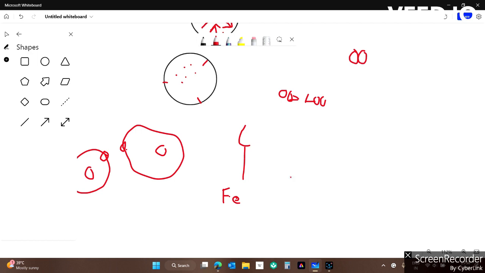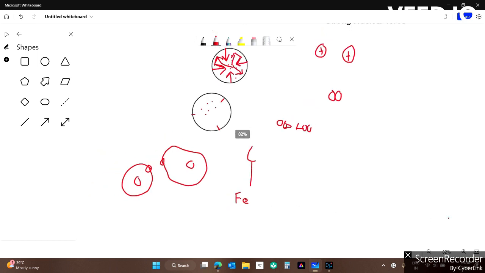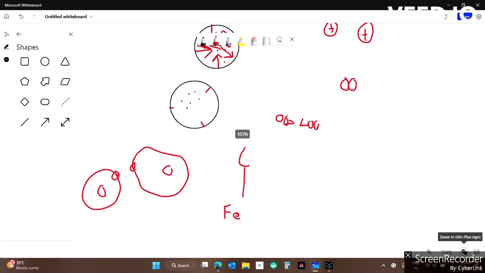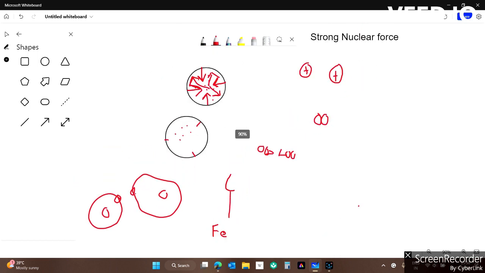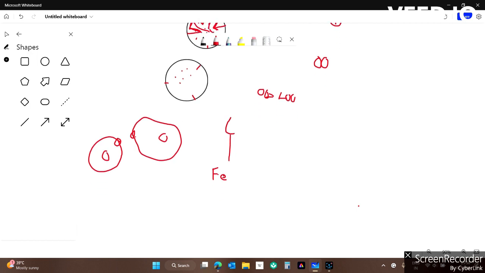Whenever you fuse iron, it basically doesn't give out more energy than it takes in, right? It's an endothermic process.